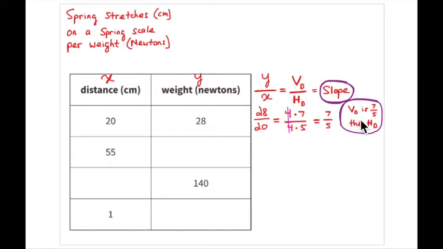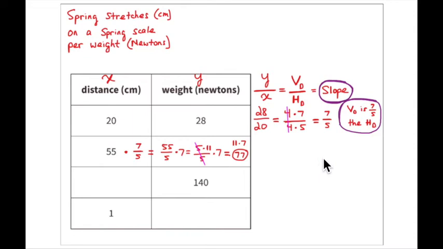So the measurement in the vertical direction is 7/5 the horizontal measurement. So you can multiply the x value by 7/5, and that will give you the y value, because the y value is 7/5 of that x value.